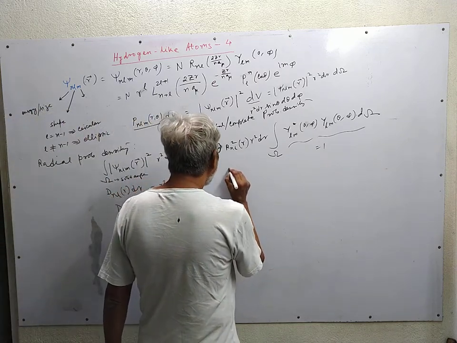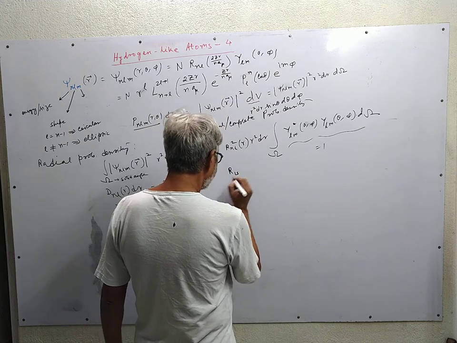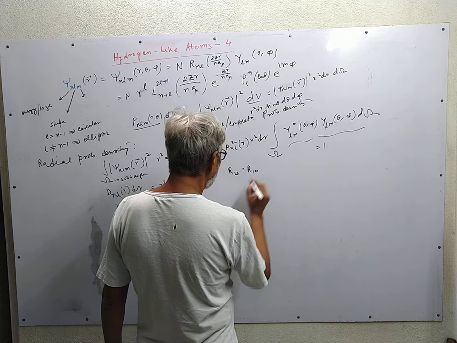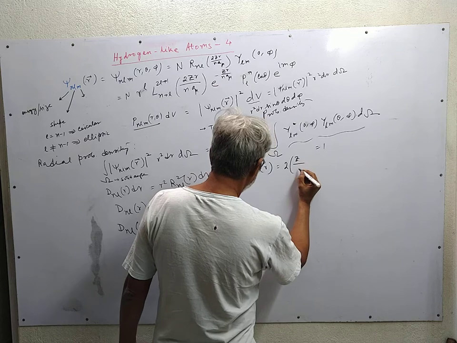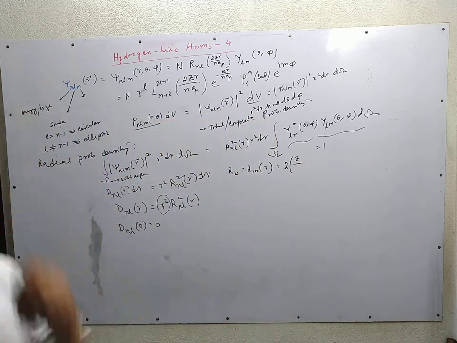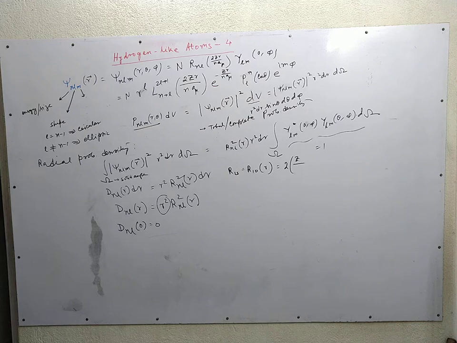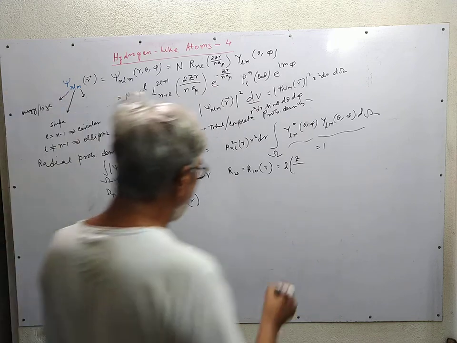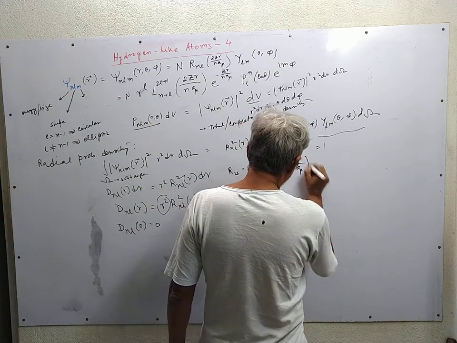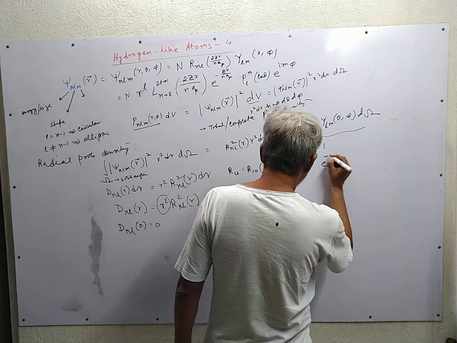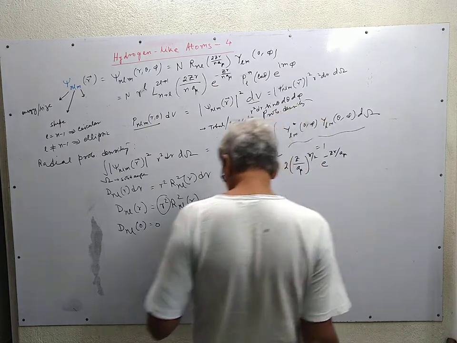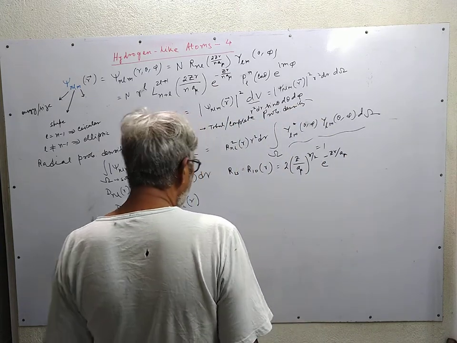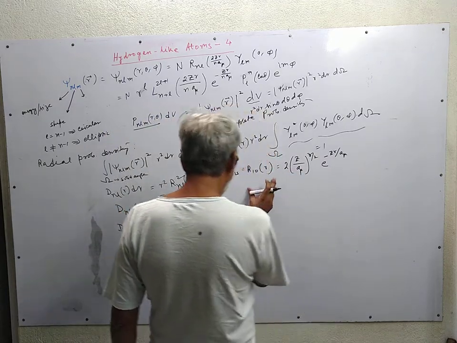As for example, R1s, that is R10 of r, is given by (2Z over a mu) to the power 3 by 2, e to the power minus Zr over a mu.